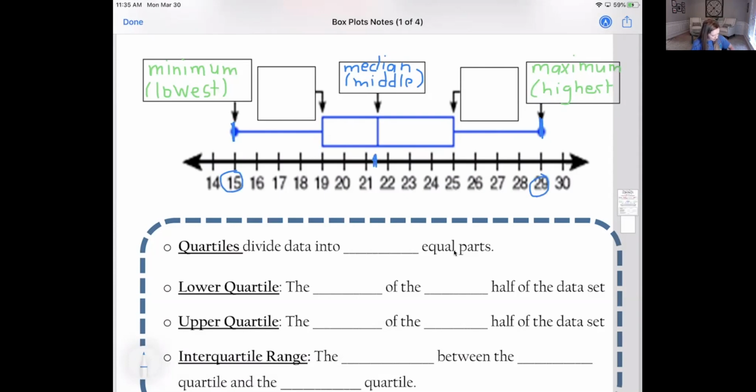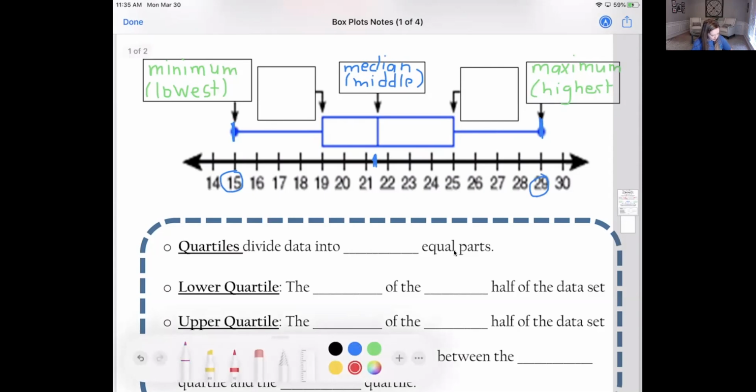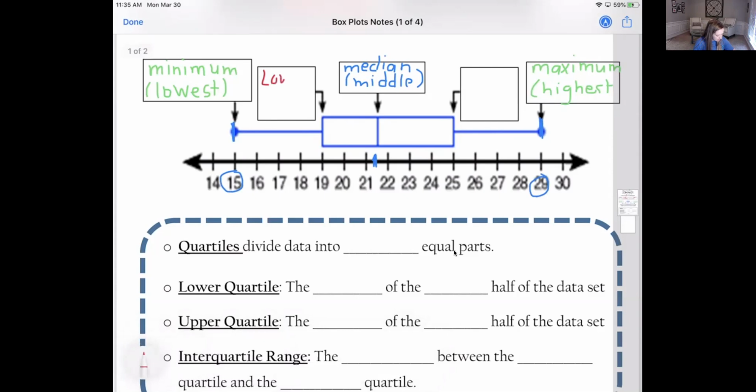The last two things that we have are the lower quartile and the upper quartile. I apologize for the handwriting.